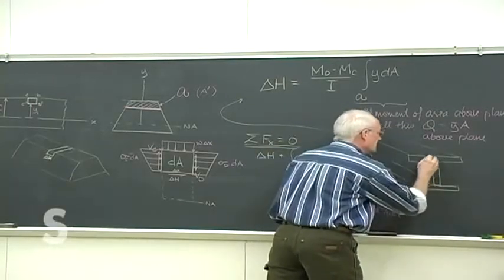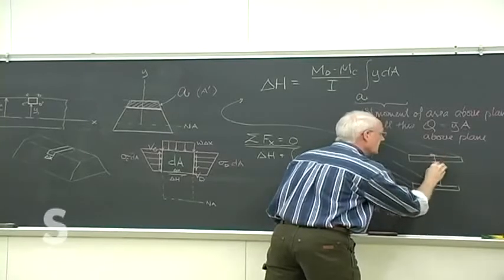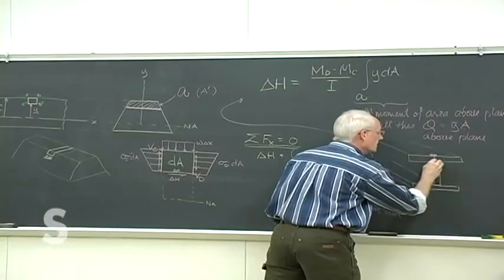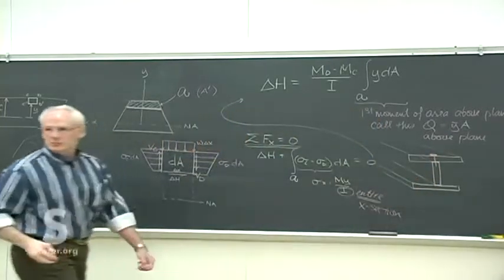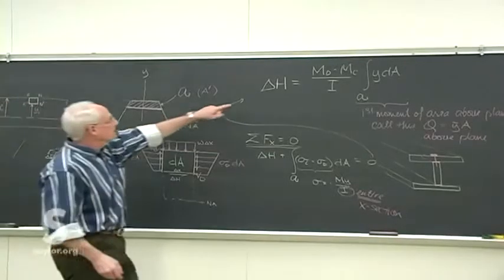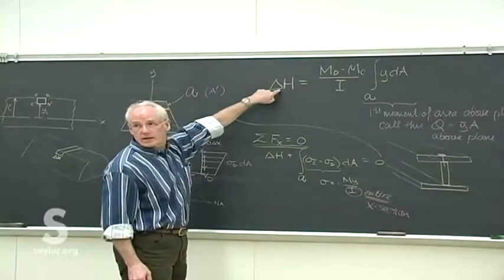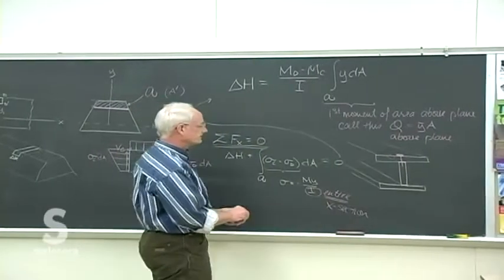So maybe you'd put nails through there. You might also put adhesive all the way along that face as you put these together. And it's this longitudinal shear here that's trying to pull the beams apart at those places.